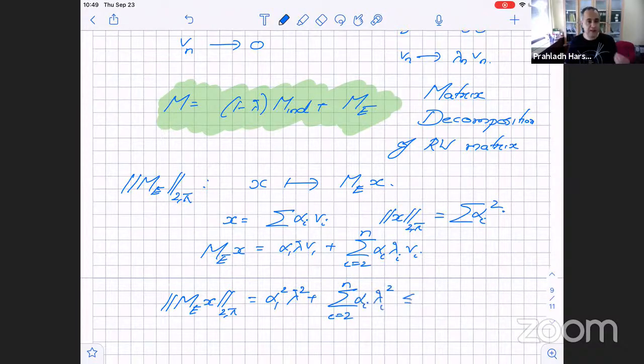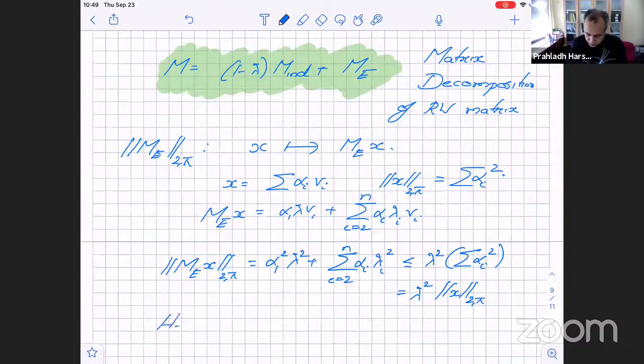Now lambda is the largest among all of these in absolute value. Therefore, this is at most lambda squared times the sum of alpha_i squared, which is lambda squared times the squared norm of X. Hence, by the way, everything is squared.